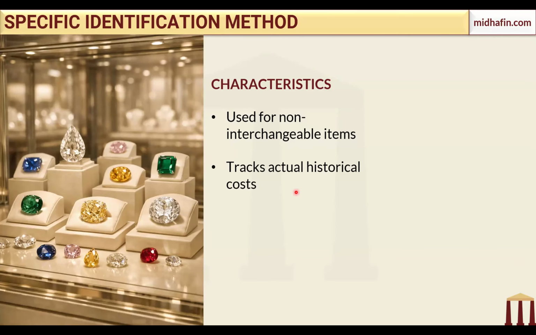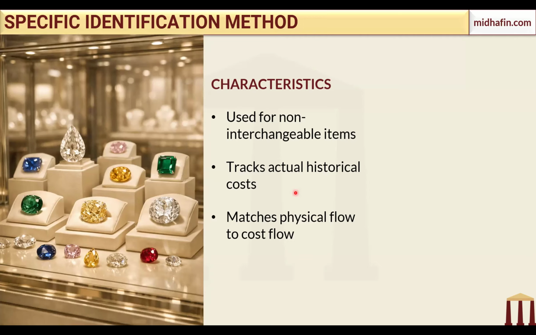That is why this method matches your physical flow to cost flow. FIFO, weighted average, and LIFO do not match it. They are just cost flow assumptions, and in those cases the cost flow will not be the same as the physical flow of inventory.